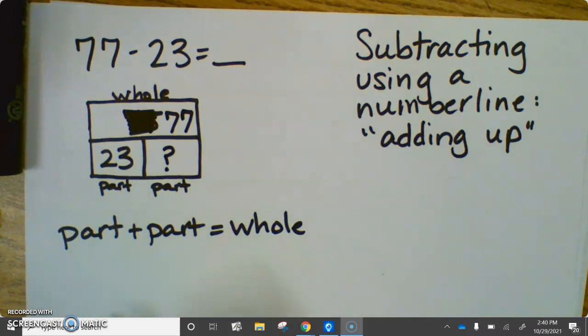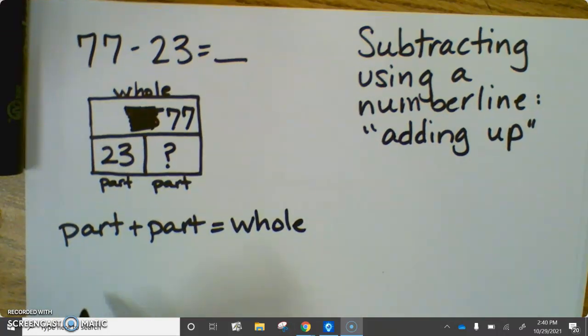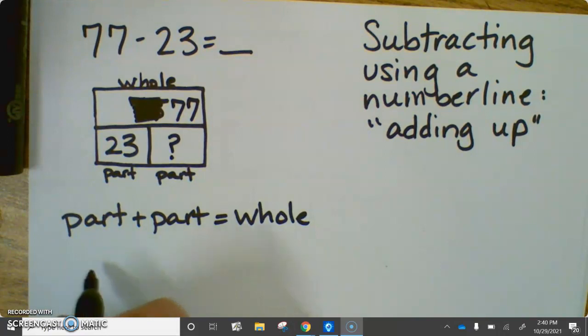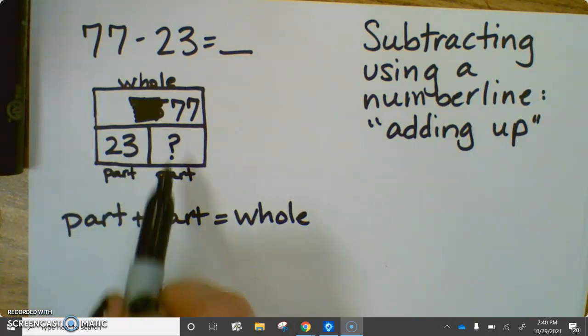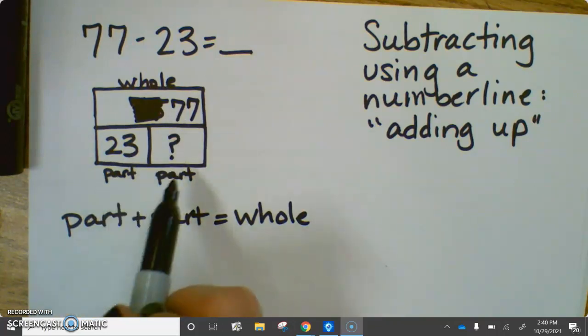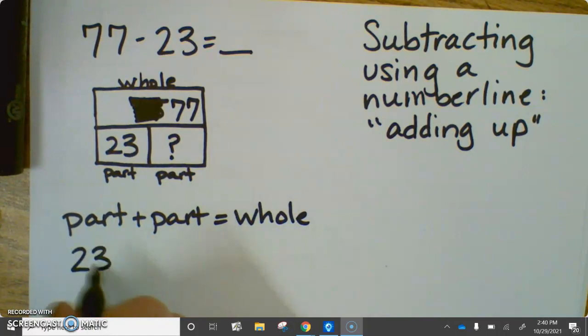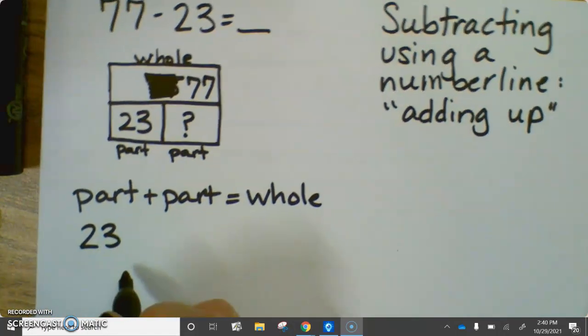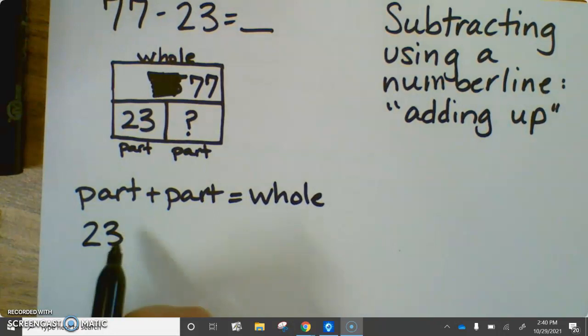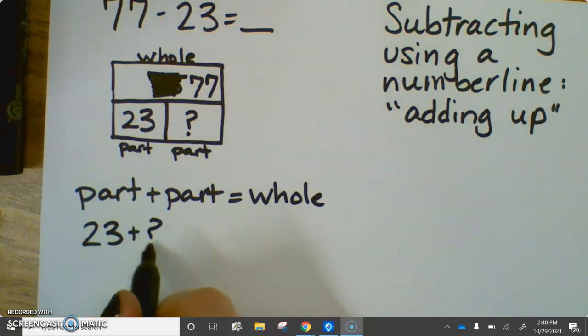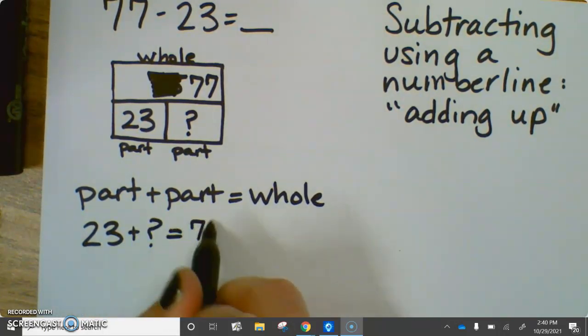Okay, so now we are going to write a new equation. We have part plus part equals whole. 23 plus something equals 77. Okay, so that's our new equation because we want an addition equation so that we can add up. 23 plus something equals 77.